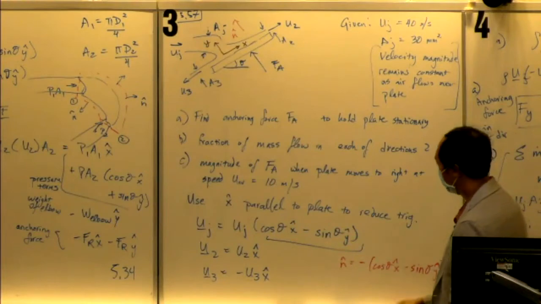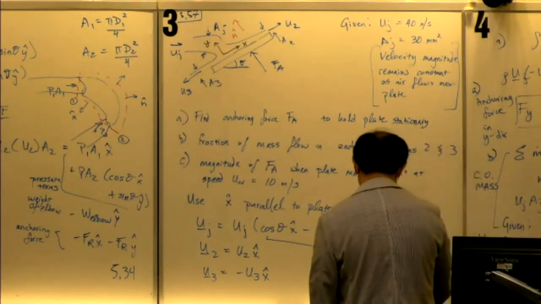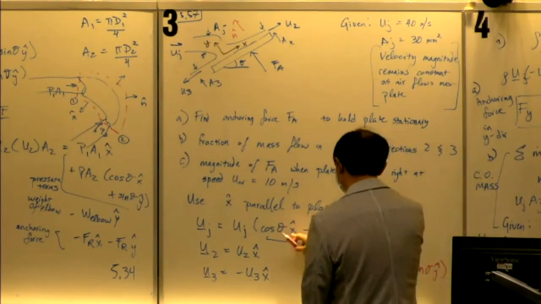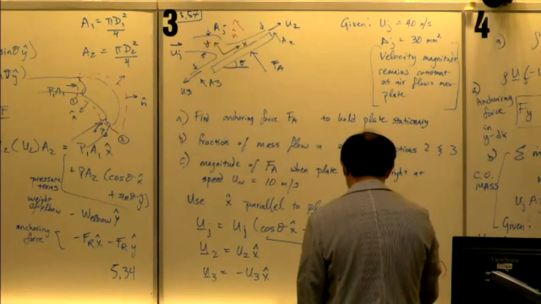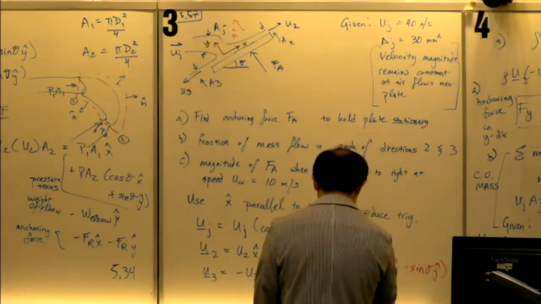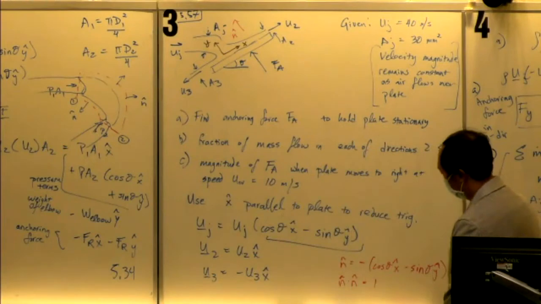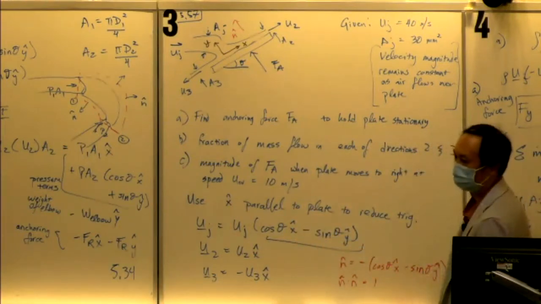And when you dot these two, it's basically a vector dotted by itself. But if you really wanted to get pedantic about it, n hat dot n hat is just going to be 1, right? That also arises from the fact that cosine squared plus sine squared is 1.